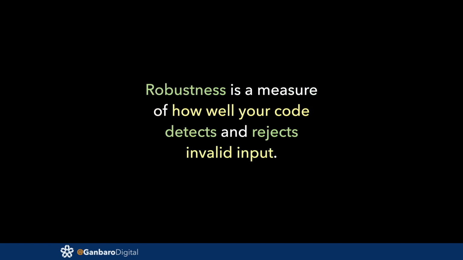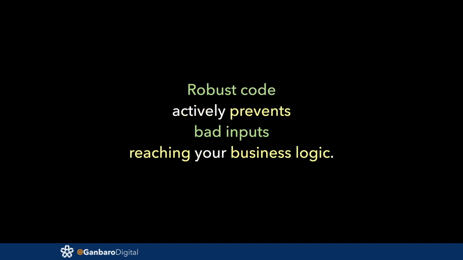See, what robustness is, it's about how well your code prevents invalid input coming in. Code is robust if no invalid input can get through. Your robust code is actively preventing bad inputs reaching your business logic.